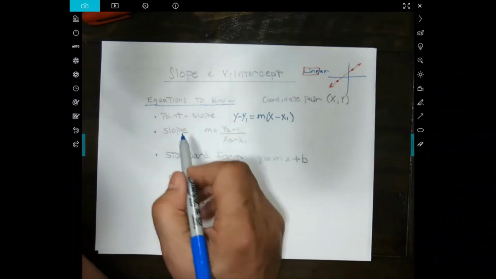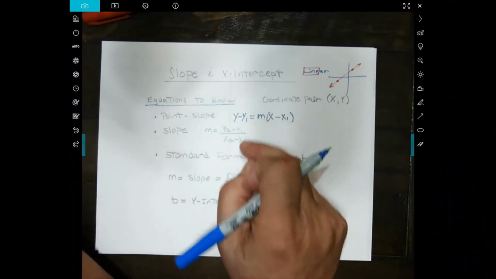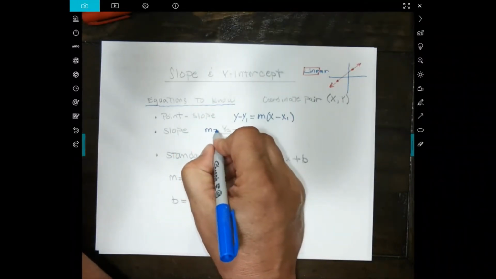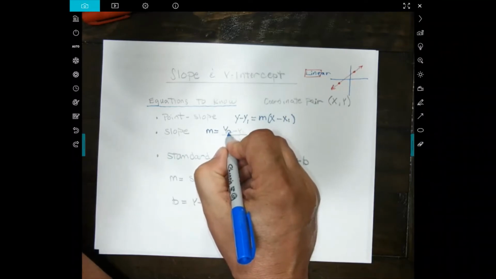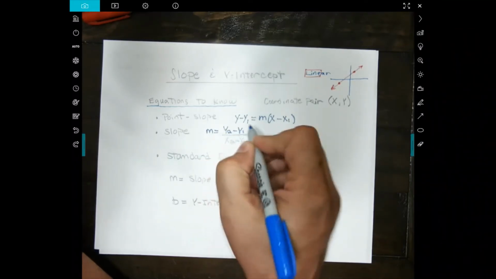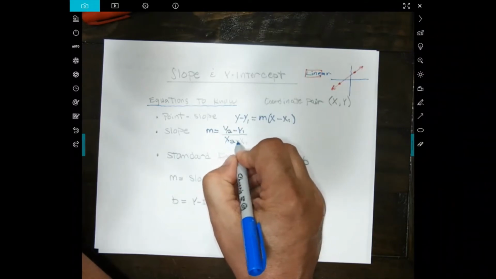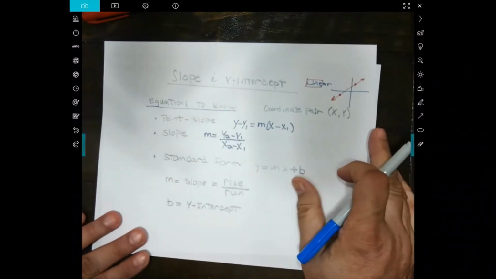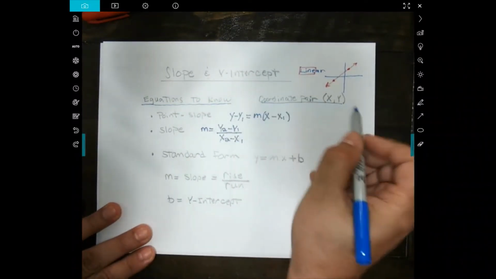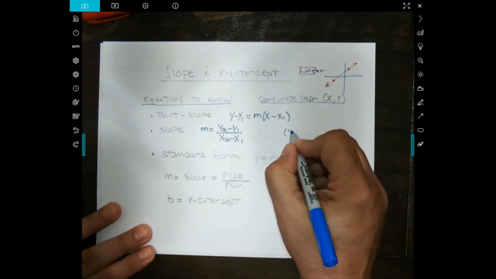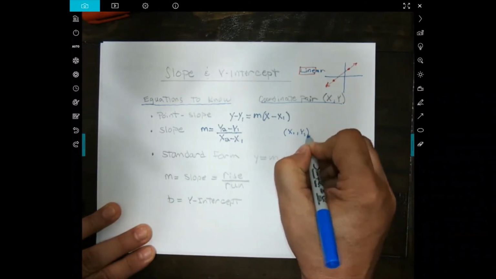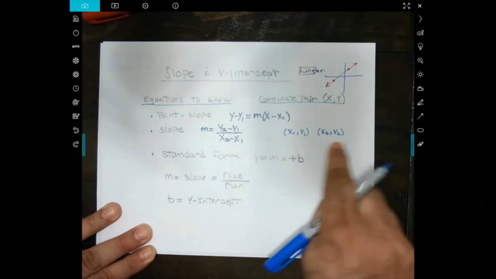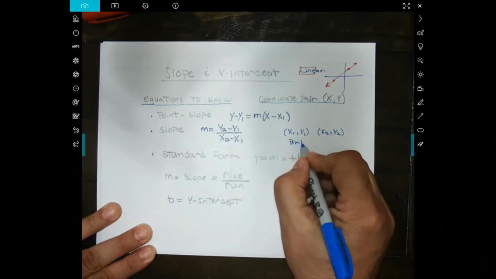You also need to know the slope equation, which is a different form of the point slope equation. m is the slope, if you recall, and it's y2 minus y1 over x2 minus x1. And you recall, x and y are the coordinate pairs of a point. So we would have one point, which would be x1 and y1, and another point, x2 and y2, and that's 2 points, point 1 and point 2.